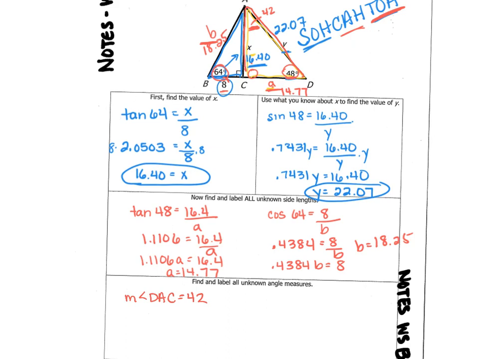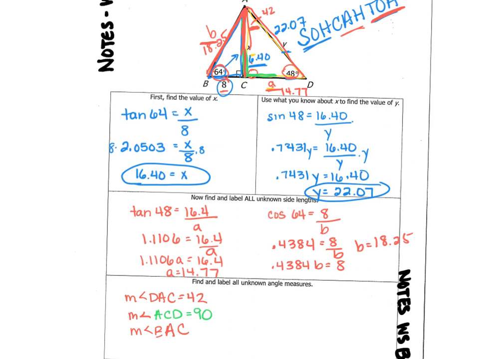I know that angle ACD has to be a right angle, and so that measurement would be 90 degrees. And then finally, the only other missing angle I need is this one up here, which would be angle BAC, and I'm going to go ahead and calculate.